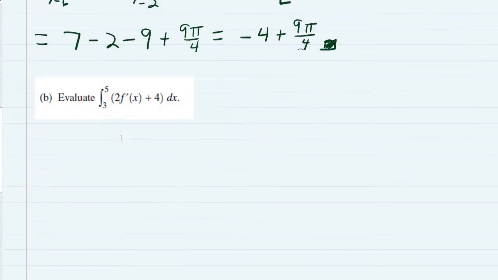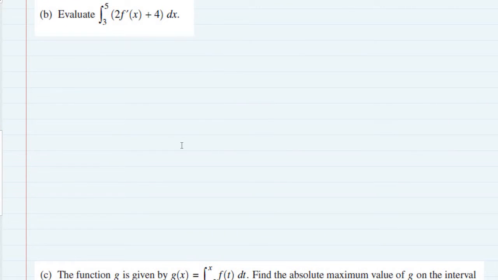All right, moving on to B. They are asking us to find and evaluate an integral from 3 to 5 of this expression. So what I want to do is break this apart using some rules and properties of integrals.